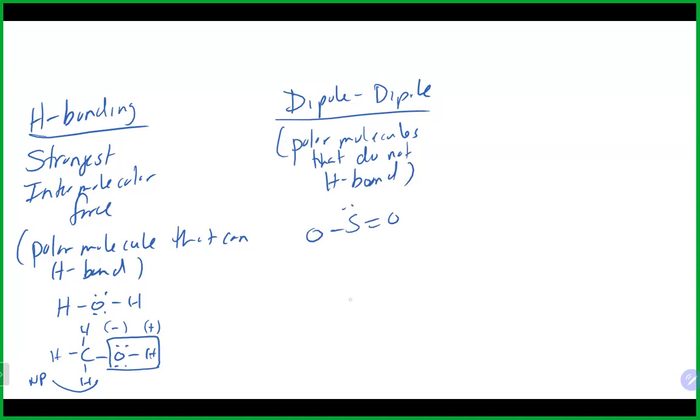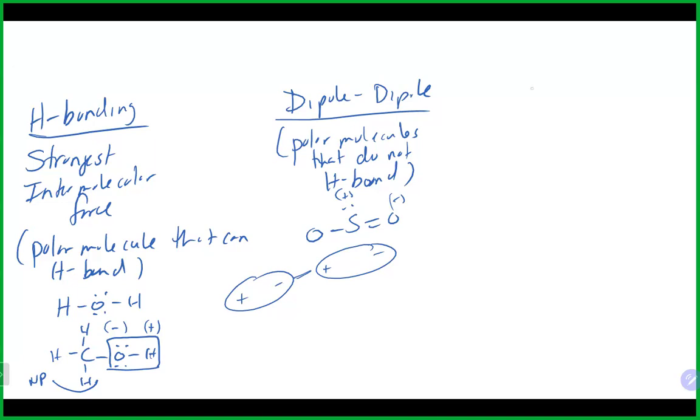It's able to do that and basically interact with another one. So once again, that is our positive-negative, negative-positive interaction that's happening there, with our sulfur in this case being more positive and the oxygen side being more negative in the case of SO2.